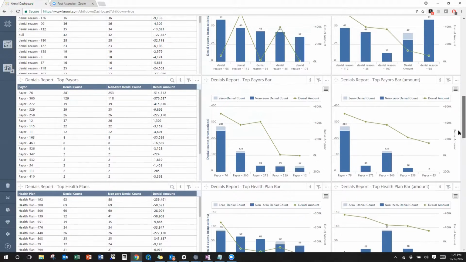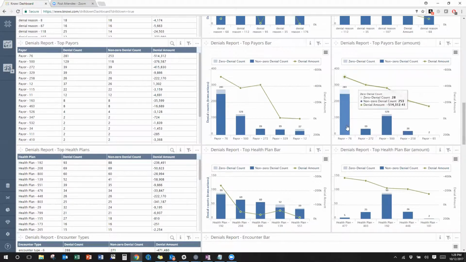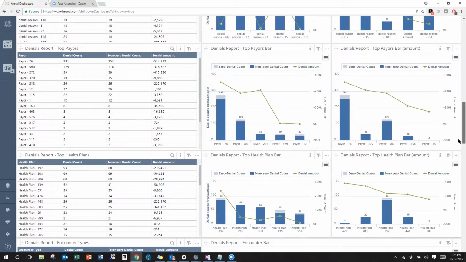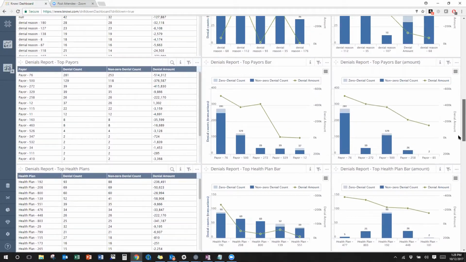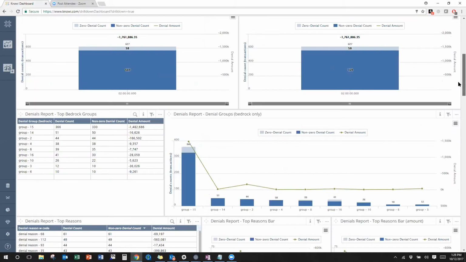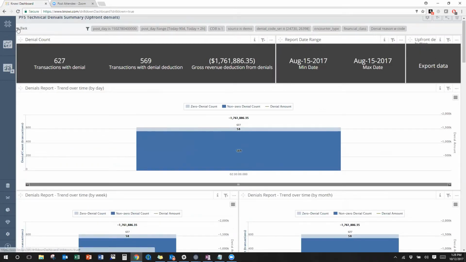One thing we can analyze really quickly is exactly what payer accounts for the majority. We can also understand that this health plan's amount was caused by relatively few transactions. So that's some good insight that we can gather really quickly in a robust and filterable way.